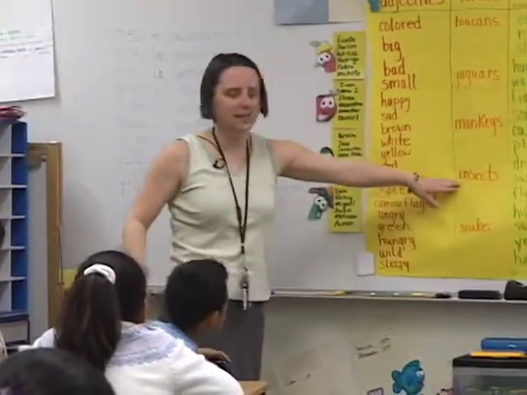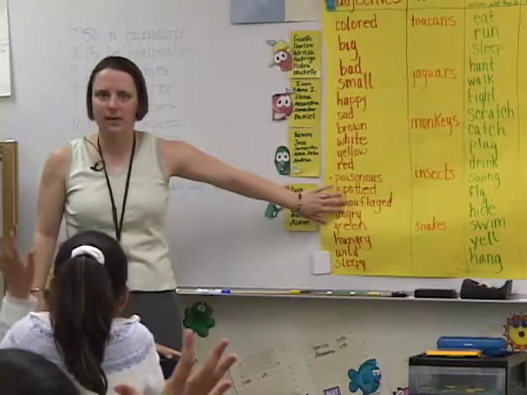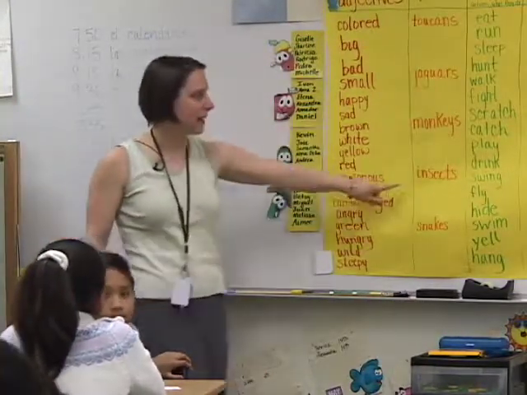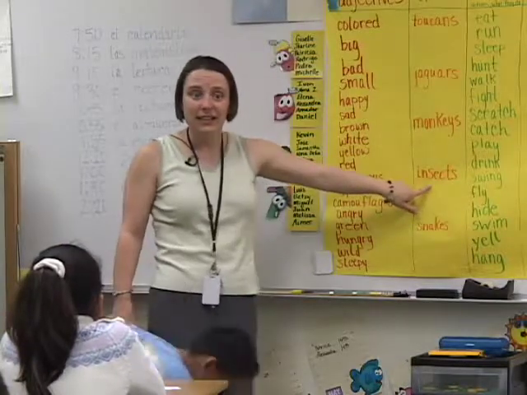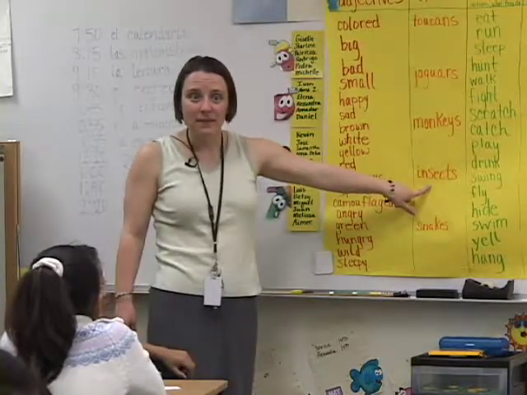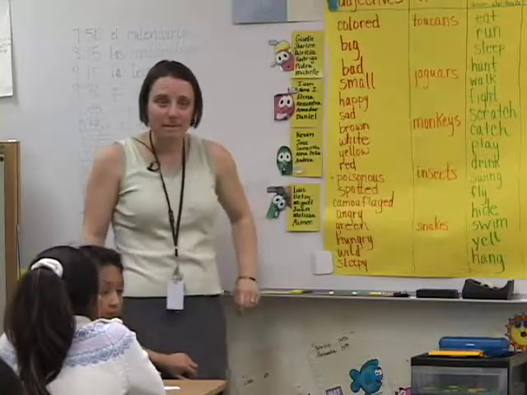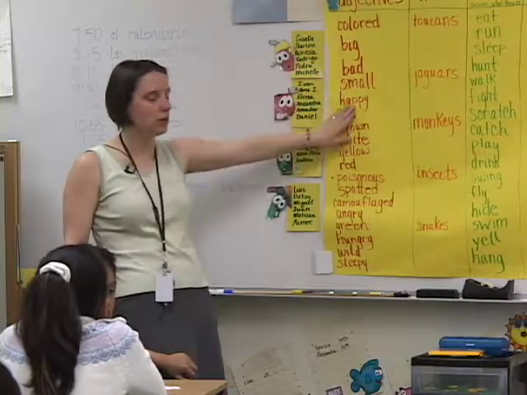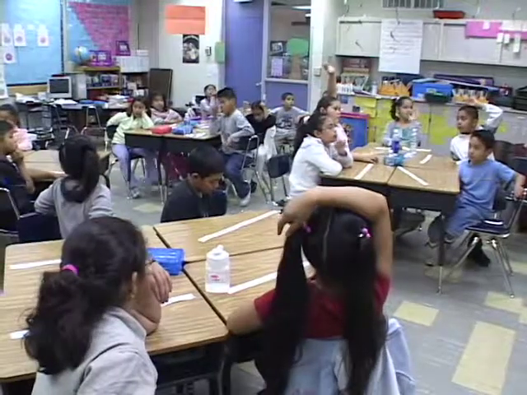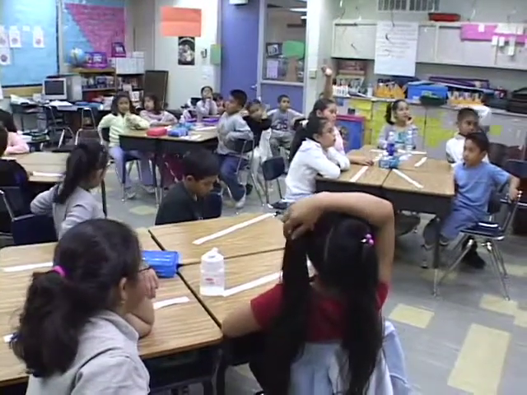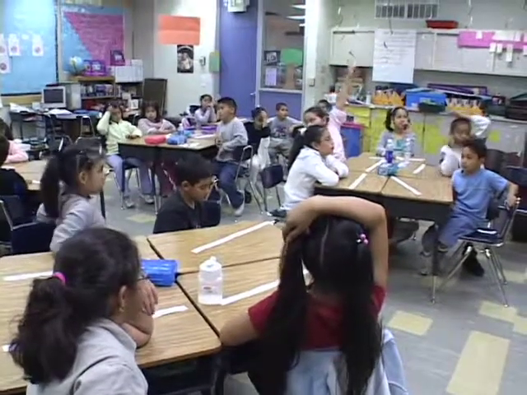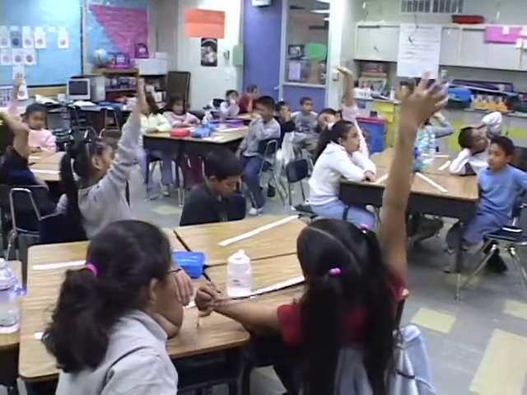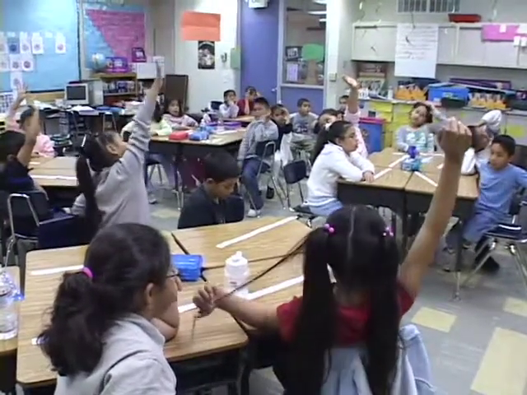Okay. What about insects? I need some adjectives that describe an insect. Almazarate, can you give me an adjective to describe an insect? Or you can think of one in your brain. You don't have to use one from our list.